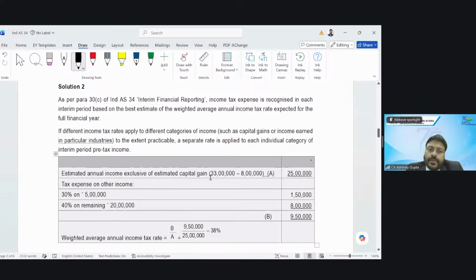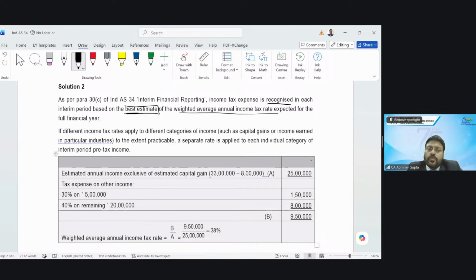As per para 38C, do we need to remember the para numbers? No. As per Ind AS 34, income tax expense is recognized in each interim period based on the best estimate of the weighted average annual income tax rate expected for the full financial year. What we need to understand is the concept of the standard requirement; calculations are secondary. Ind AS 34 says that whenever you are calculating the tax expense for the quarter, you need to compute the weighted average annual income tax rate, which is calculated based on the expected income for the full year.